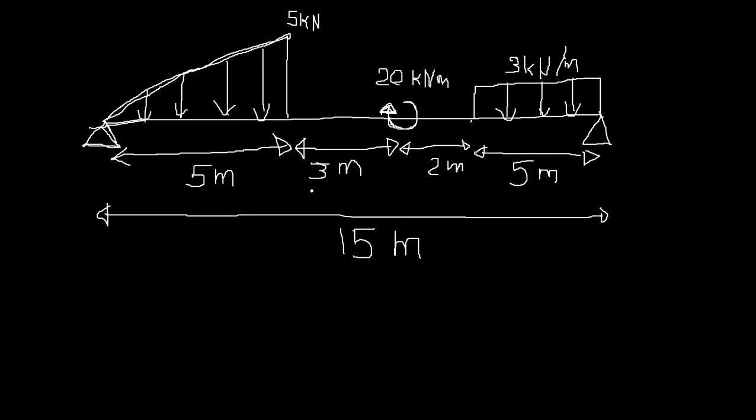So just consider, this beam is going to bend in a complex manner. So we need to analyze its bending. The first thing is, when you have trapezoidal loading or a bending moment, don't be confused.